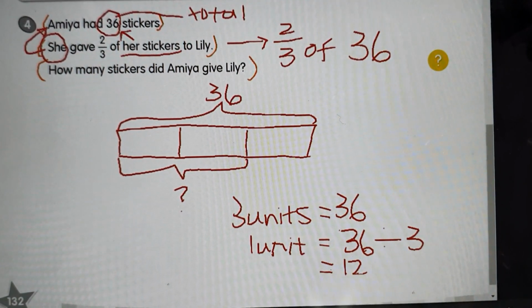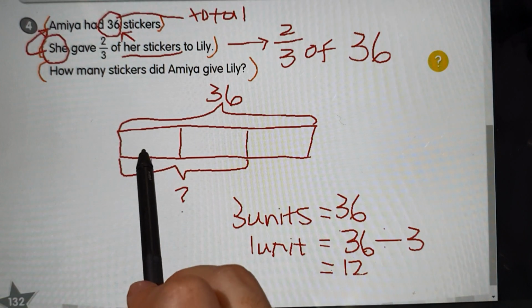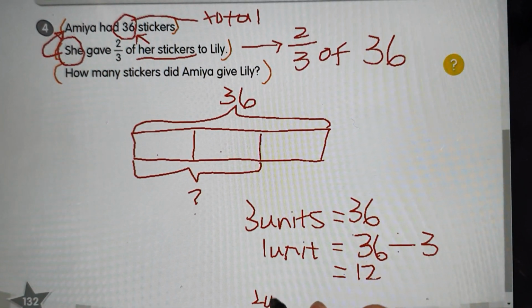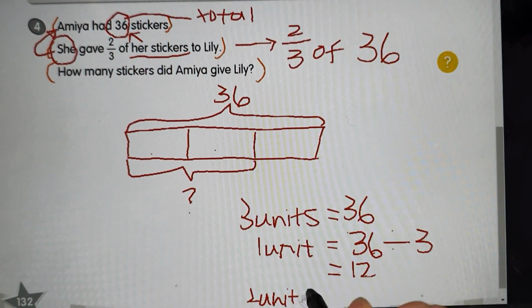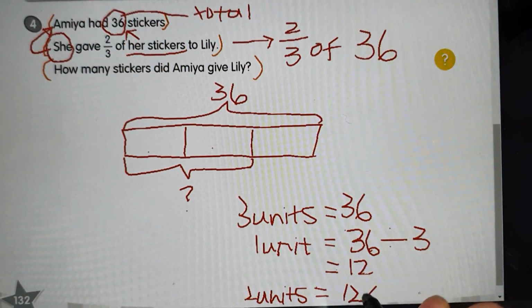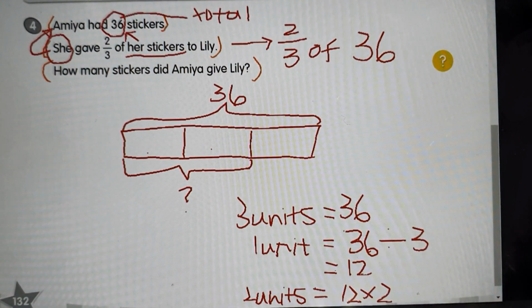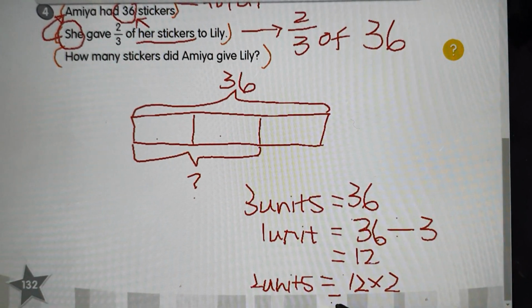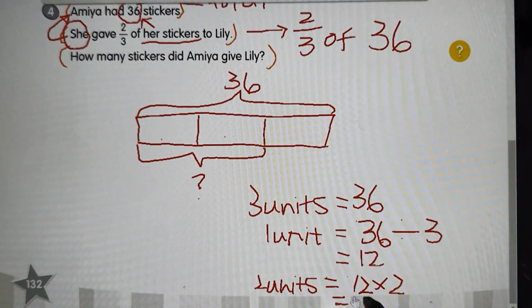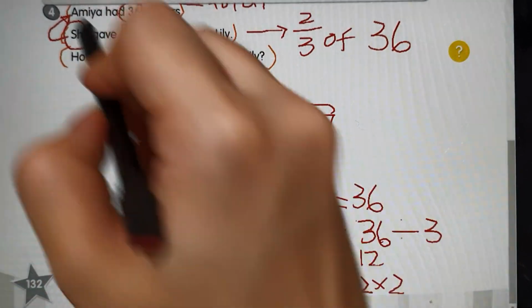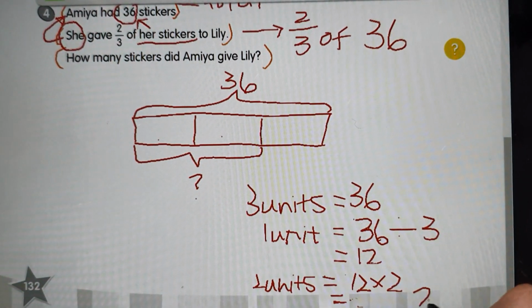And since I want to find 2 units, I just move on to find 2 units, which is actually 12 times 2, which should give you 24.